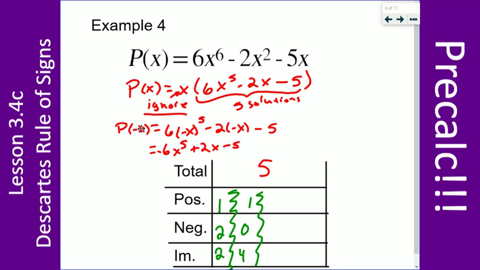And then when we plug in p of negative x, we're just going to look at the part in parentheses. Negative x times itself 5 times is going to give us a negative number. So negative 6x to the 5th, the sign changes here. And then we have negative 2 times negative x, which is positive 2x, so the sign changes here. The sign is not going to change for our constant term.